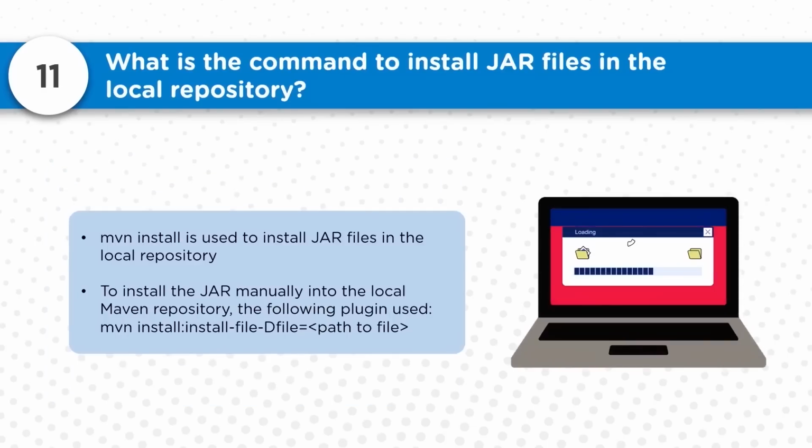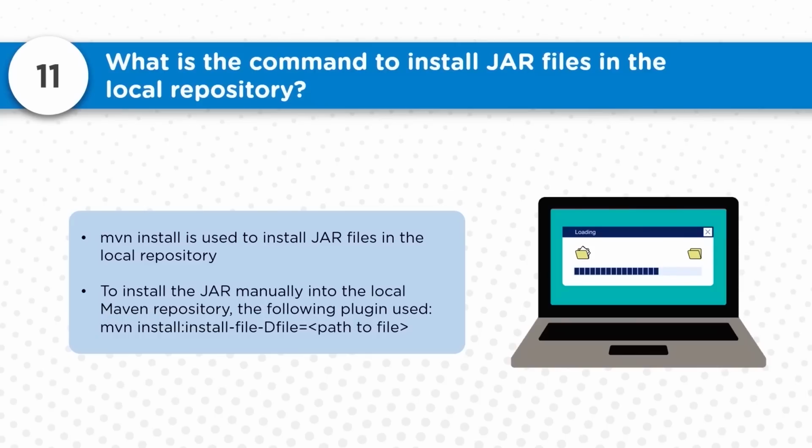Now, what exactly is the command to install the jar into the local repository? Sometimes we are not able to fetch a dependency because it is not present on the central repository, Maven repository, or your Artifactory repository. In that case, you have some third-party jar which you want to install locally into your repository.